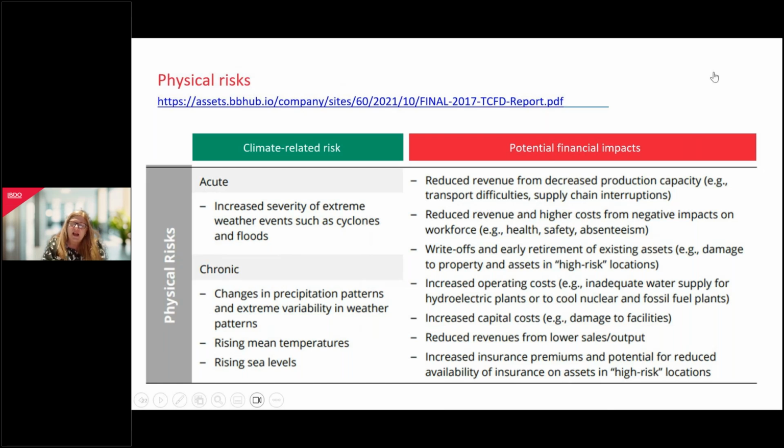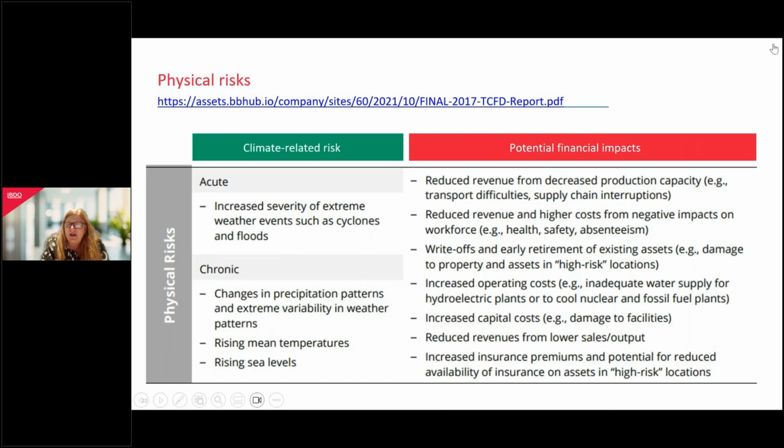So there's a real link between your climate-related risks that you've identified and the metrics that you pick to monitor and measure progress around those areas. So your metrics have to match the risk, because ultimately we are concerned about the potential financial impacts on the numbers in the financial report.